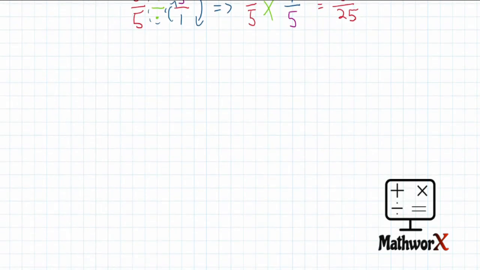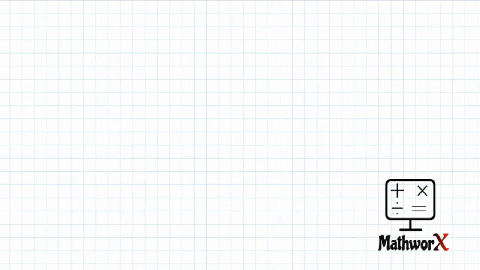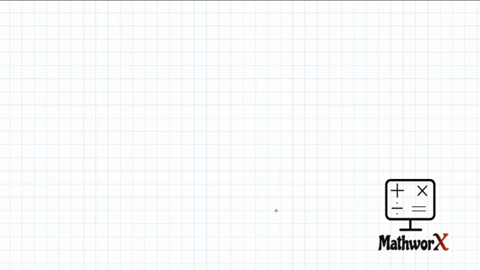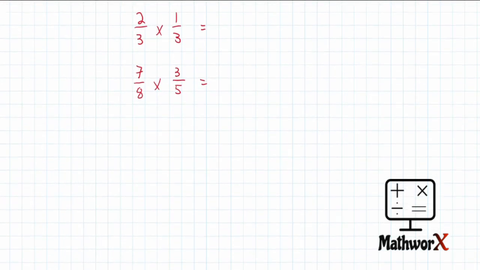Alright, I'm going to give you 2 examples of each, and you can pause the video, try them for yourself, and then I'll put the answers up. So, first problem, 2/3 times 1/3, 7/8 times 3/5, 4/5 divided by 2/7, 3/2 divided by 2.